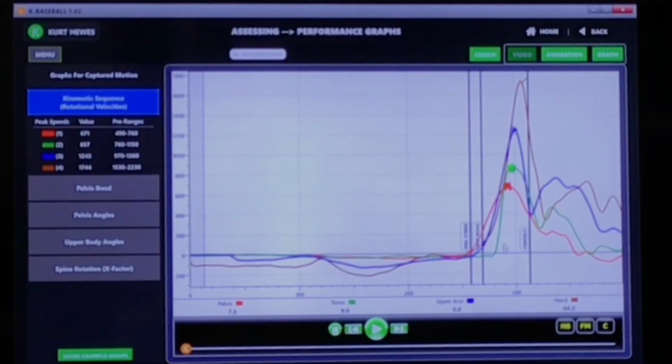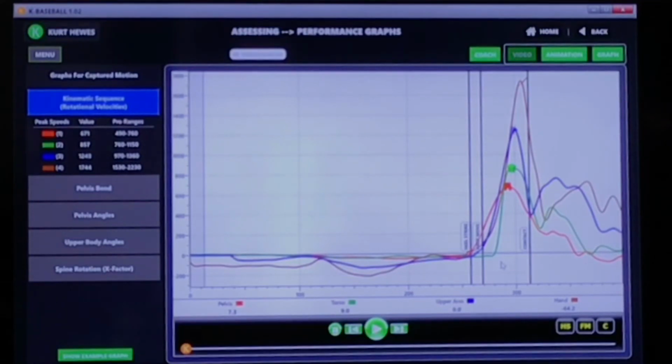When we have mistakes like this in the graph that we can find, it becomes really easy for us to make decisions about what we're going to tell the athlete to work on, because we can see exactly the mistake they're making right here. So there's no guesswork here.